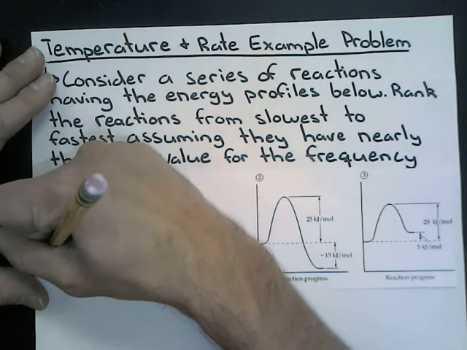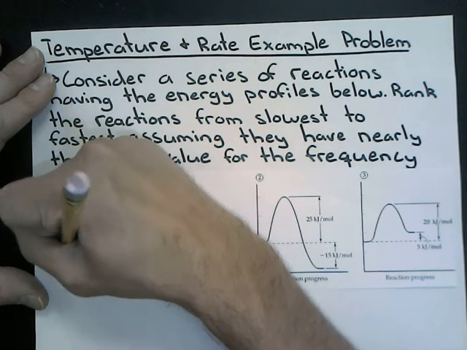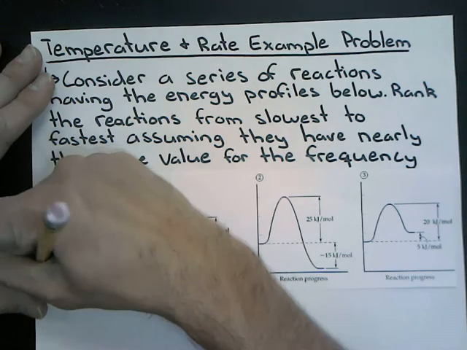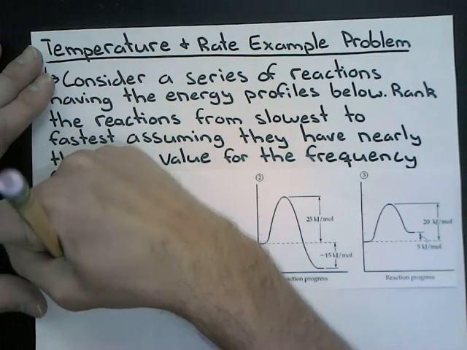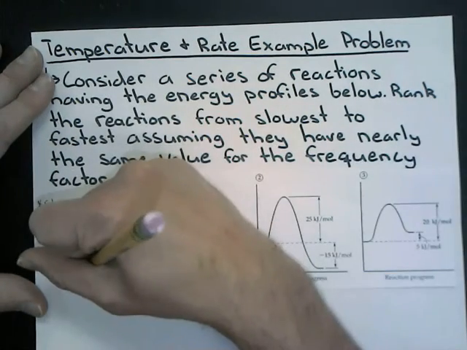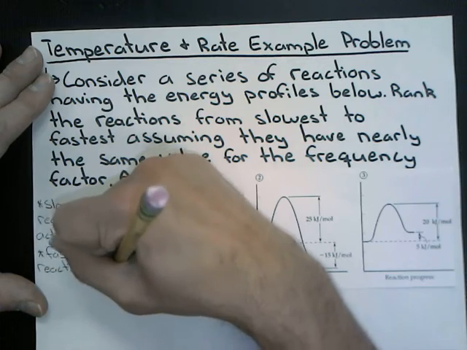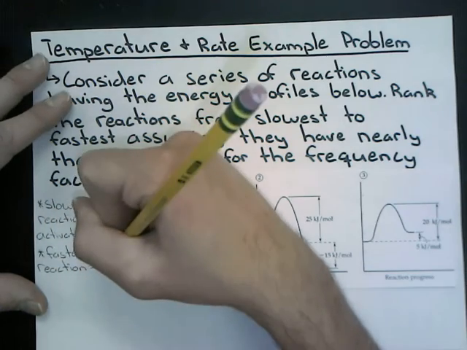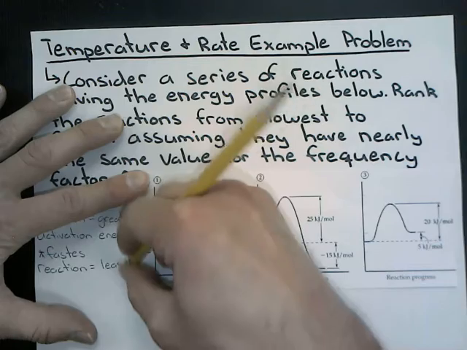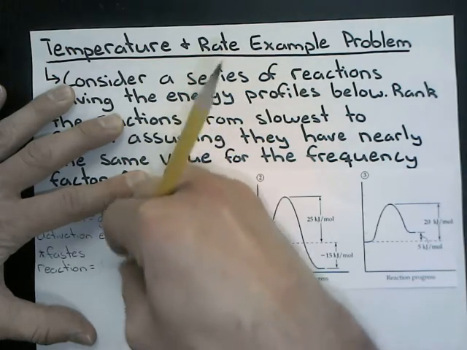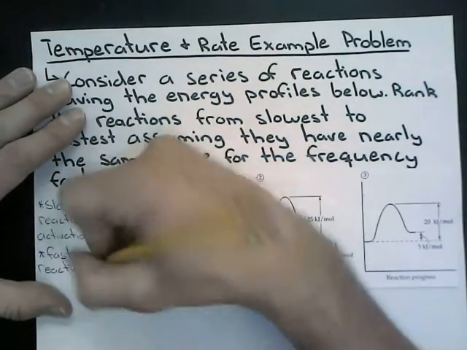So the fastest reaction equals the smallest activation energy.